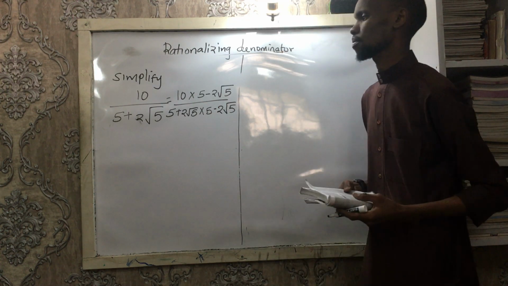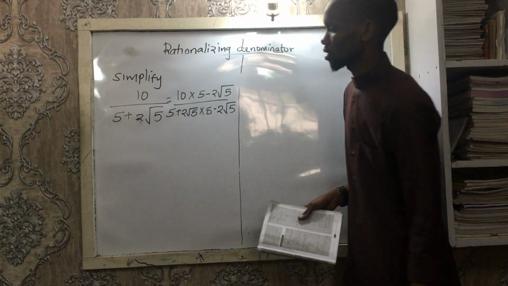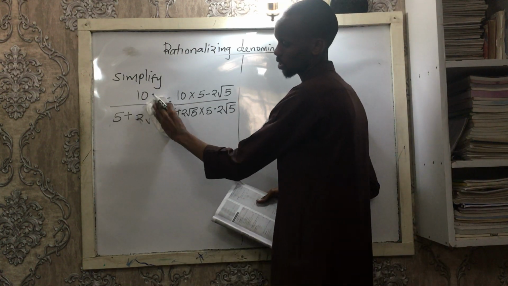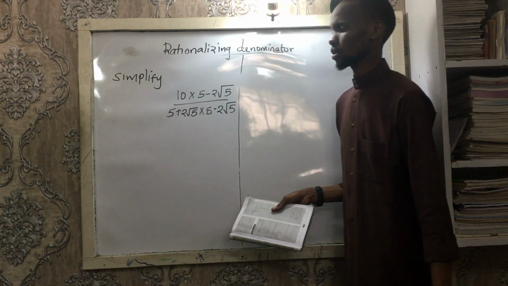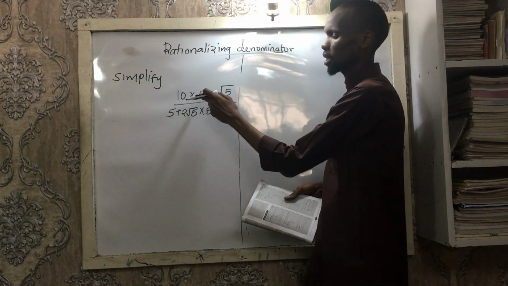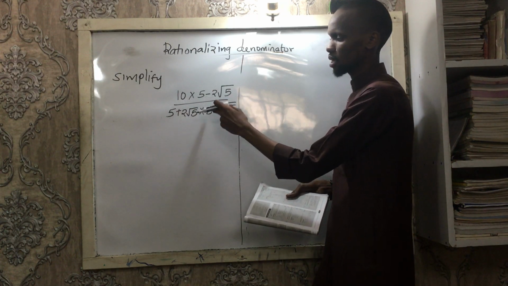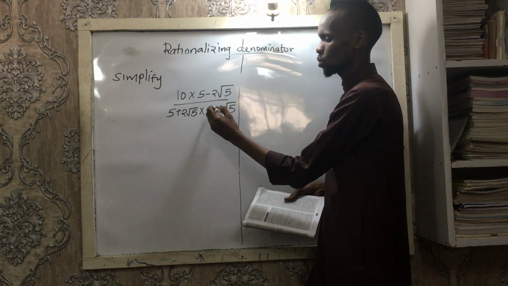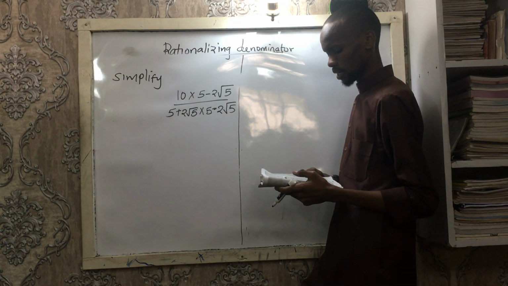That is it. So we might erase the question so that you don't get confused. So that you can have 10 multiplied by 5 minus 2 root 5 over 5 plus 2 root 5 multiplied by 5 minus 2 root 5. Are you there? Yes. Okay.